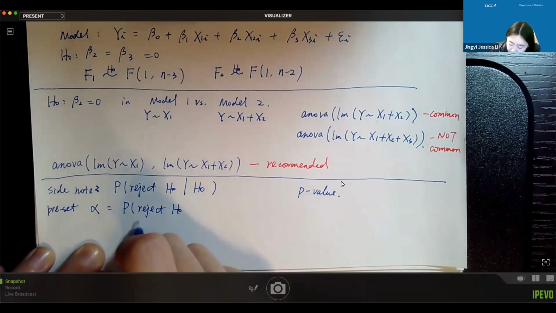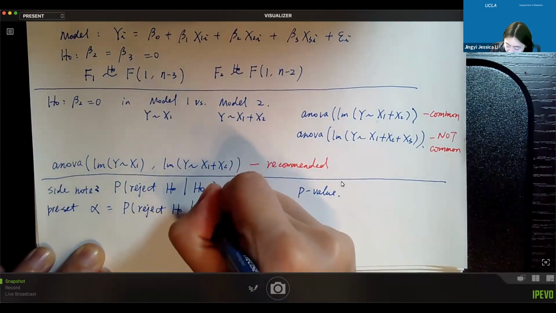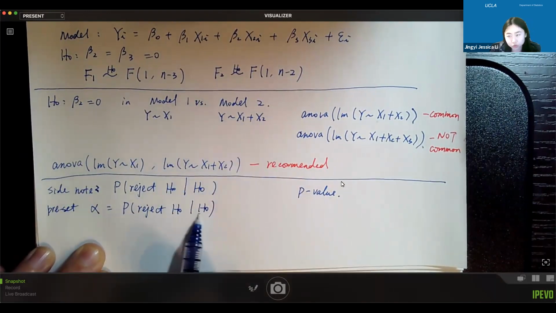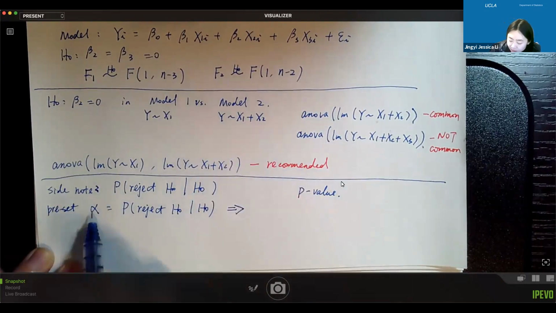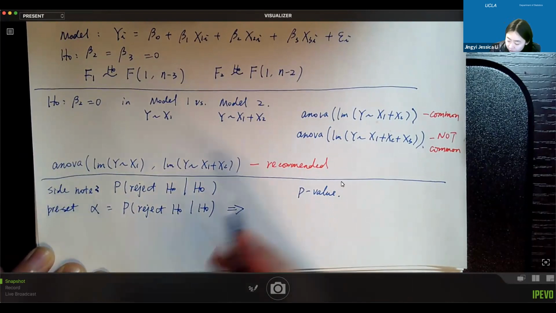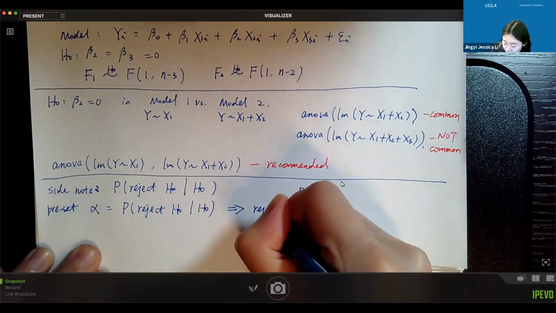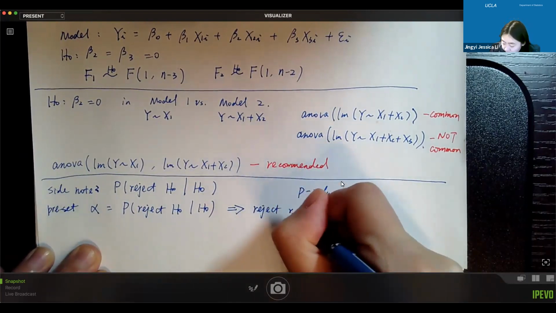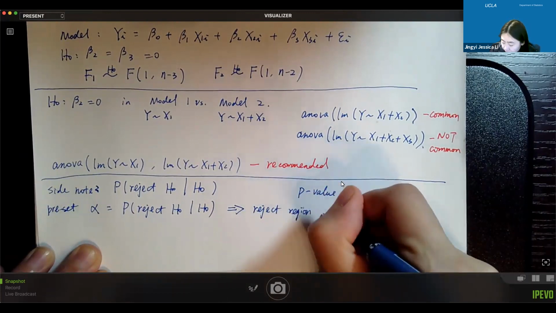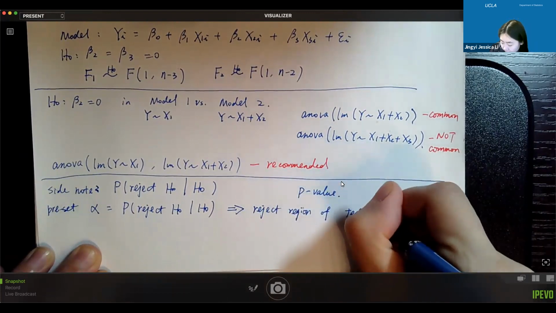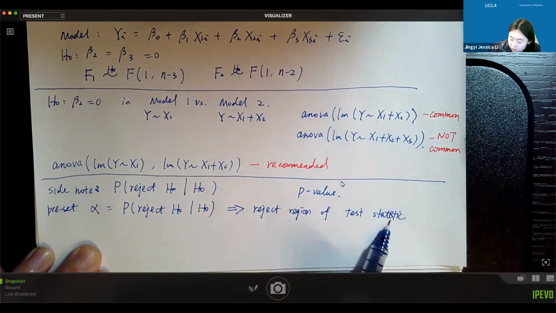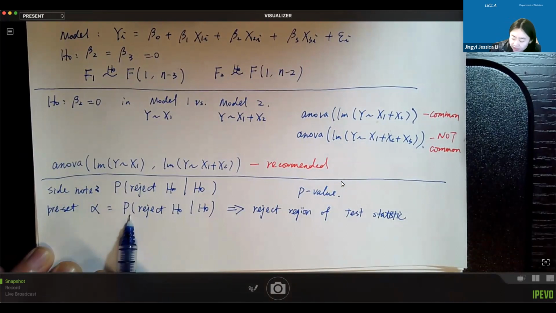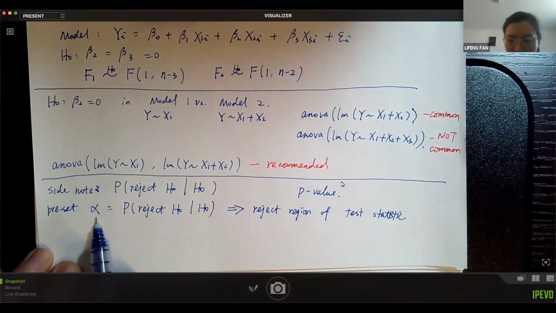This is an event, given that the null is true. So given this, we can go from alpha to the rejection region of the test statistic. We find the rejection region so that its conditional probability is exactly equal to alpha.